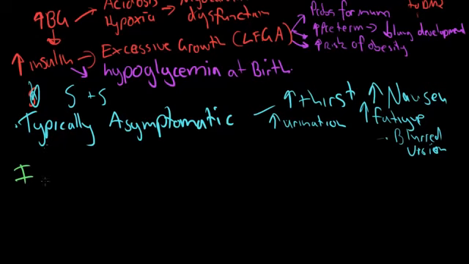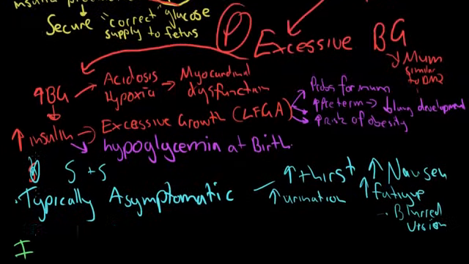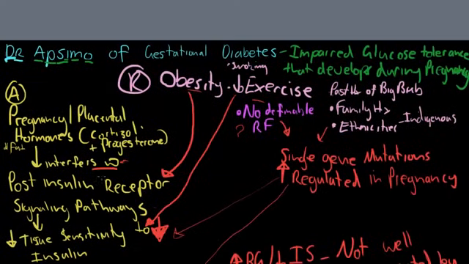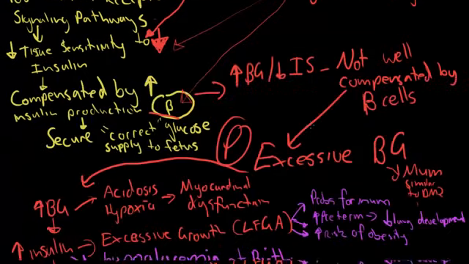So what we use to prompt our investigations are the risk factors. If we go back up here: obesity, low exercise, past history, family history, certain ethnicities, and no definable risk factor. I'm going to underline that. Obesity is probably the big one, no definable risk factor.